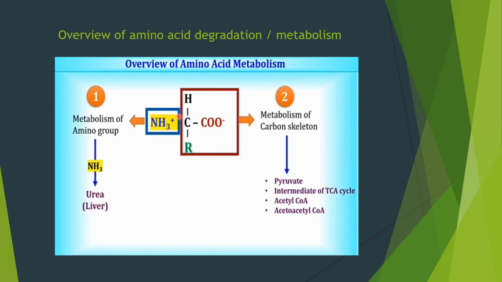As a result of the removal of the amino group, NH3 or ammonia is formed. This ammonia is a highly toxic substance and it is readily converted into urea, a less toxic form. The conversion of ammonia to urea occurs during the urea cycle, and the urea cycle occurs in the liver.